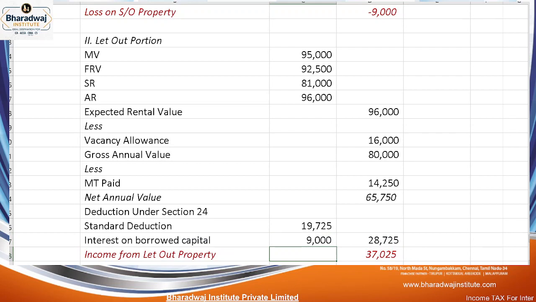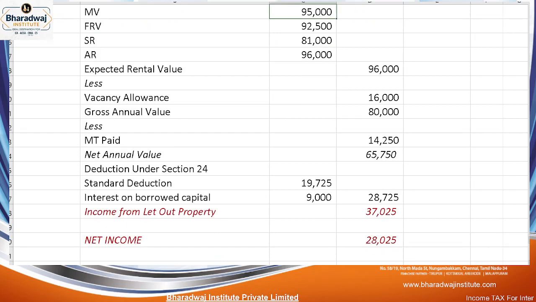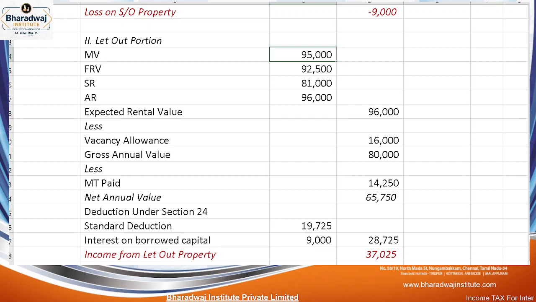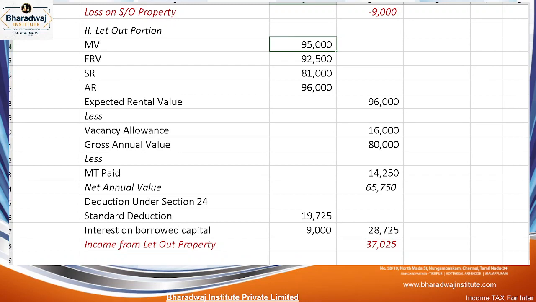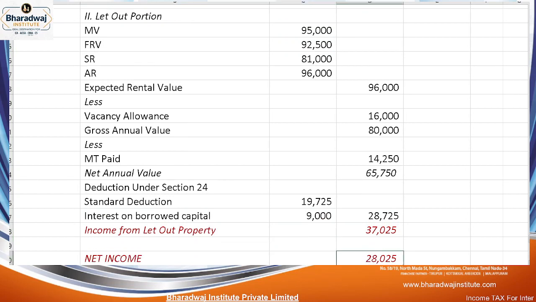Already for the self-occupied portion we claimed 9,000, balance 9,000 for the let out portion. Income from house property, let out portion. This can be set off with this 9,000. Minus 9,000: loss from the self-occupied portion can be adjusted with income from the let out portion. Balance is taxable. What is taxable? 28,025 is taxable.